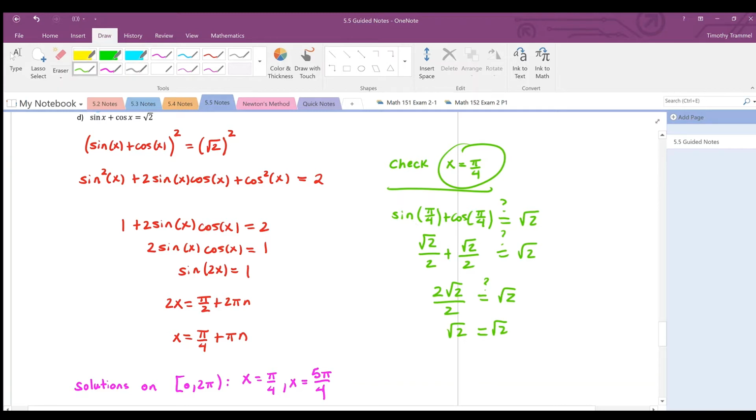Okay, but we also need to check 5 pi over 4. I would be fine with you doing this checking process in your calculator, but let's try out the other one. Let's try 5 pi over 4.